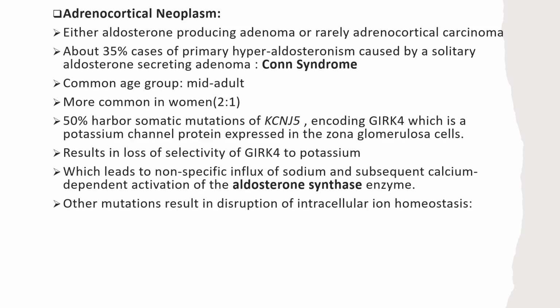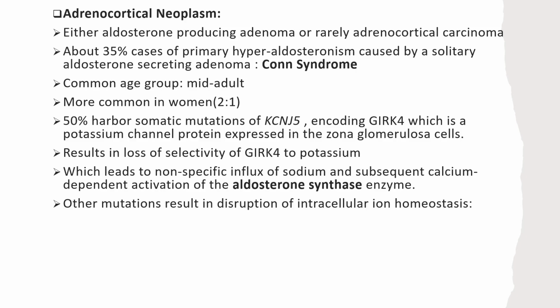Because earlier we had seen that potassium is the stimulus for the synthesis of aldosterone, and renin is also a stimulus. But due to somatic mutation of the potassium channel protein, which is expressed mainly in the zona glomerulosa cells, the selectivity of KCNJ5 to potassium is lost.